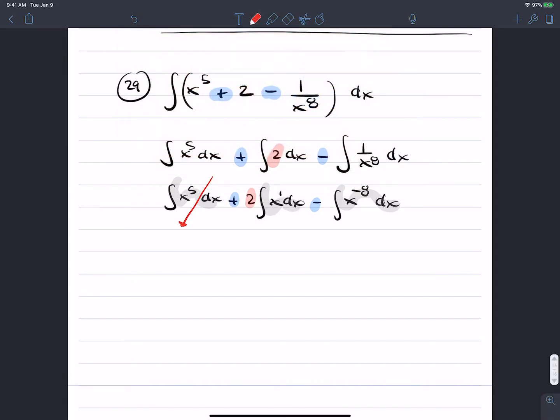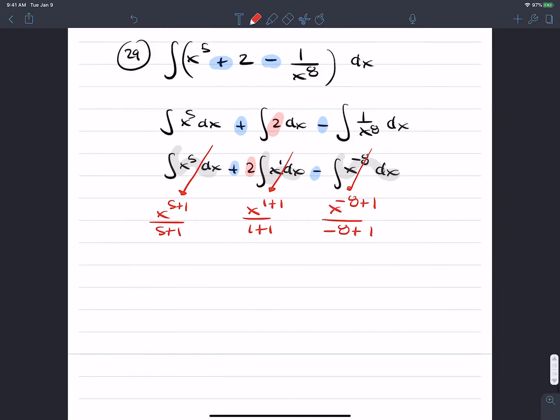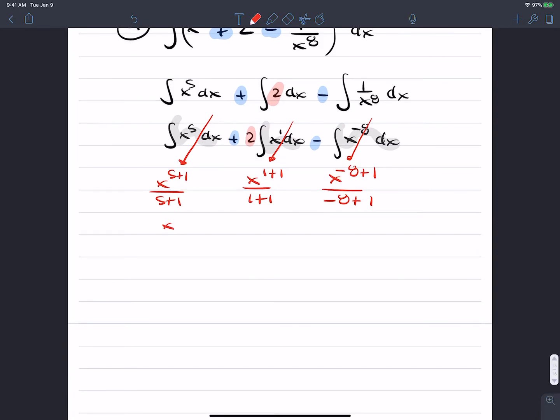This becomes x to the 5 plus 1 over 5 plus 1, x to the 1 plus 1 over 1 plus 1, x to the negative 8 plus 1 over negative 8 plus 1. So we get x to the 6 over 6, x squared over 2, x to the minus 7 over minus 7. So let's start to put all this together.